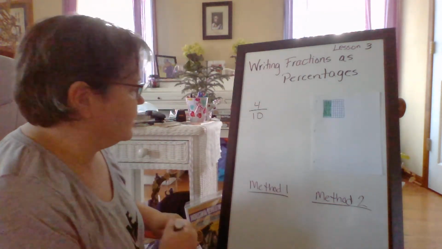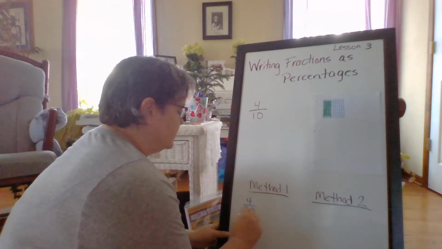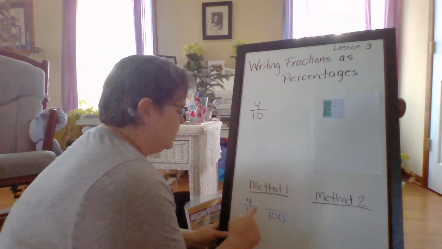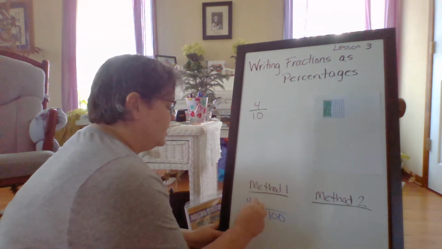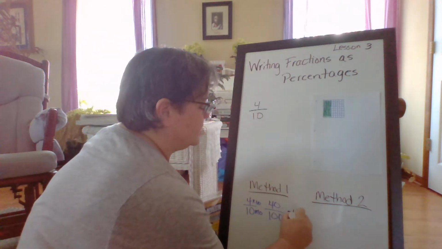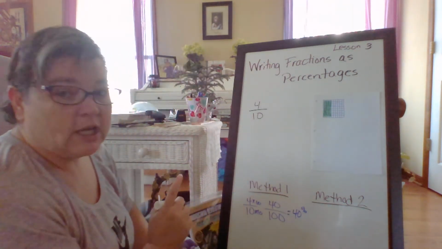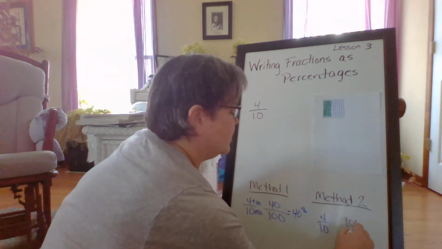So I can do method 1, which would say 4/10, and try that into 100. 10 times what will give me 100? 10 times 10. So that's 10 times 4 is 40. That's 40%. Or I can use method 2, 4/10 times 100 over 1.